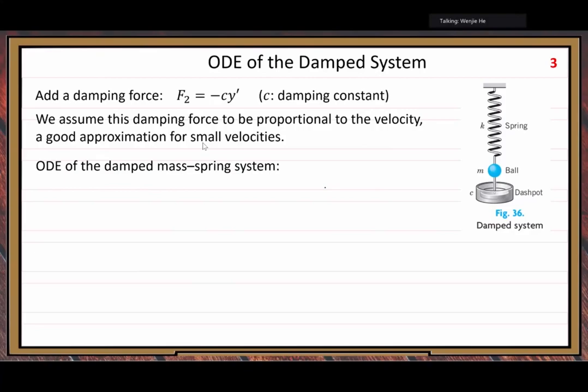But that negative c y prime, after we move it to the left hand side, becomes positive c y prime. So you can see this damping force corresponds to the y prime term. We just add a y prime term.